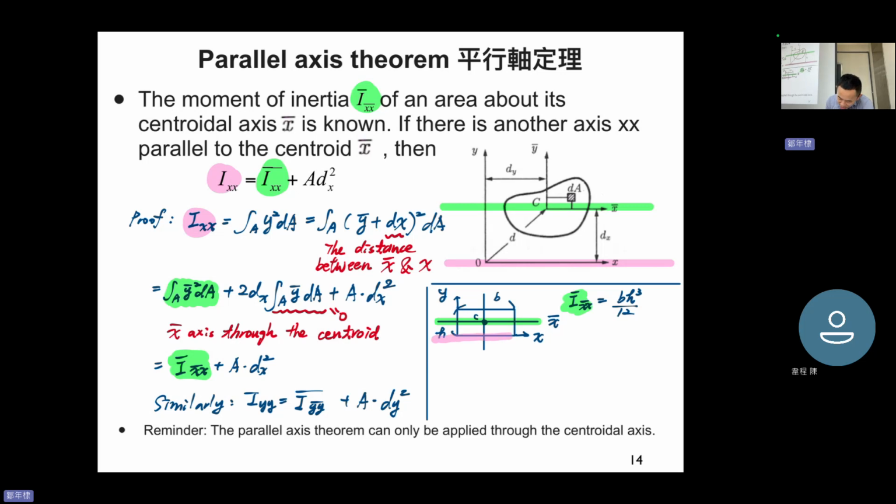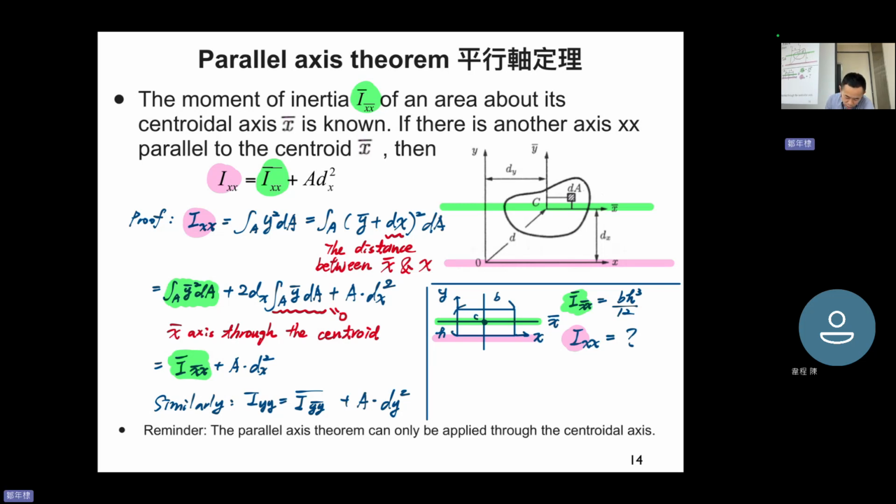How about the edge axis? What is it equal to?